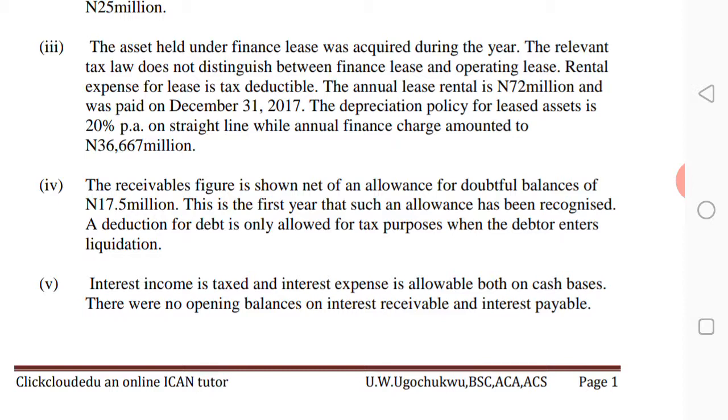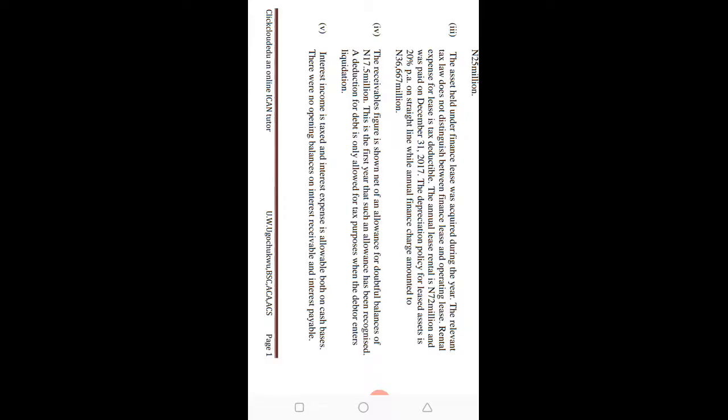In accounting, the actual amount paid is not recognized as expense, so it must pass through cash and the lease liability. But in tax, the cash paid for the lease rental is the actual interest, but in accounting it is not. So that is the difference between the accounting aspect of lease and the tax aspect of lease.